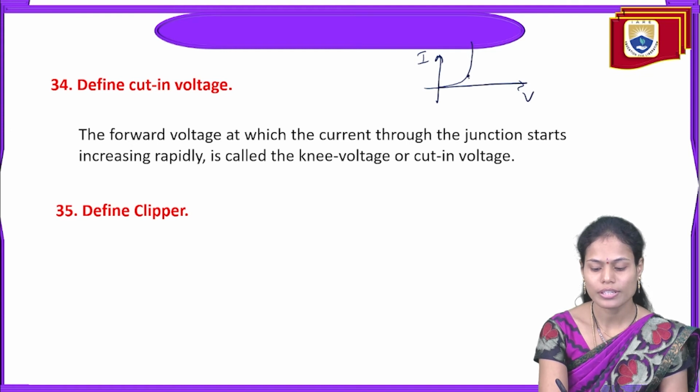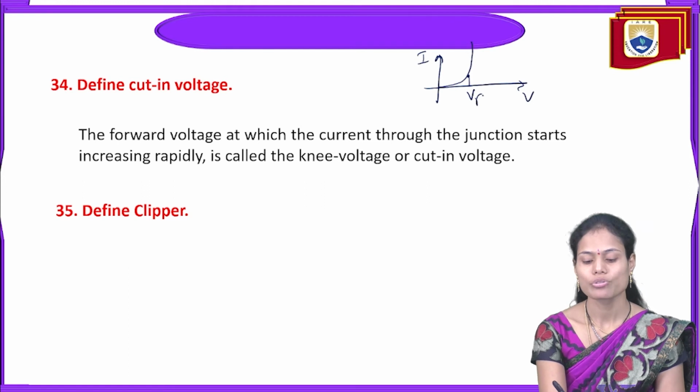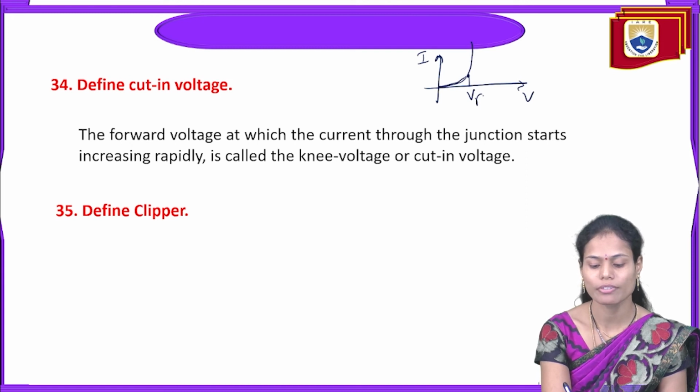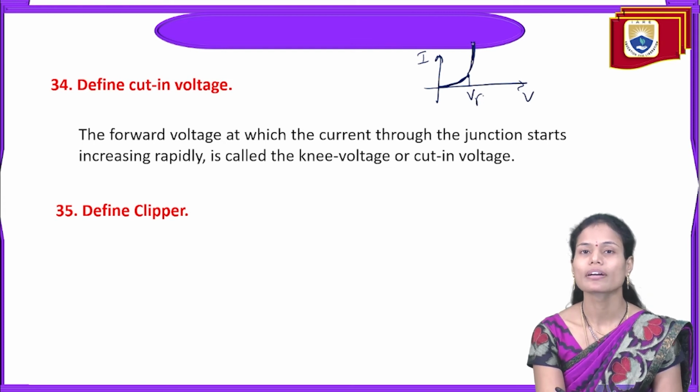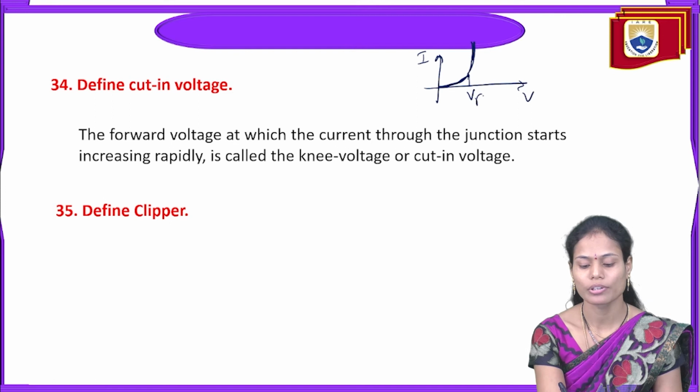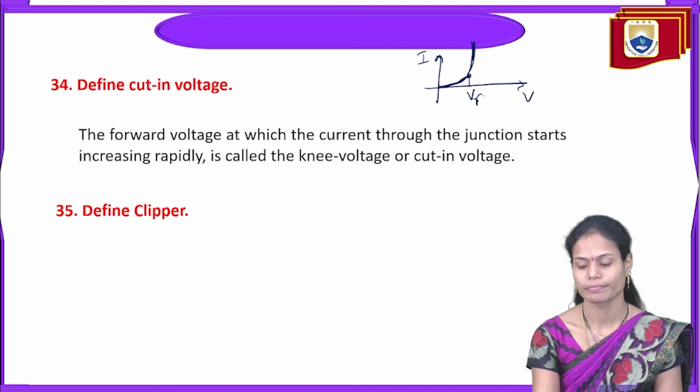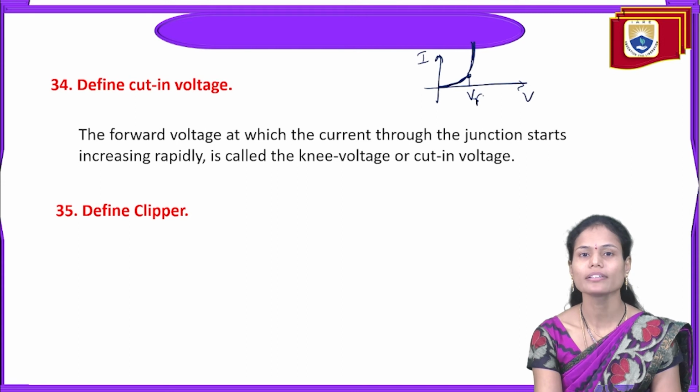This indicates the cut-in voltage, V gamma. Till this point, the variation of the current is very small. It is slowly changing. But after this cut-in voltage, there is a rapid increase in the current. That particular voltage where the increment of current is large indicates the cut-in voltage.